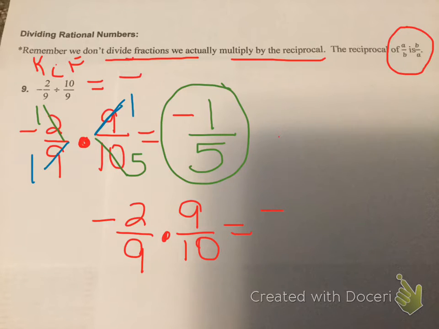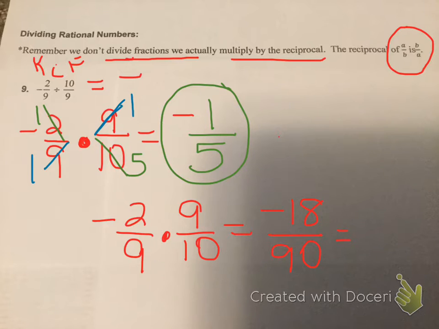But if you just wanted to multiply straight across, 2 times 9 is 18. 9 times 10 is 90. And then you would have to simplify that. Now, you probably don't know off the top of your head that 18 goes into 90 5 times, but I do, but I'm pretty sure that a lot of you might not know that.